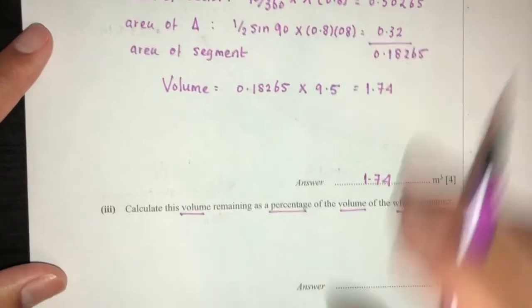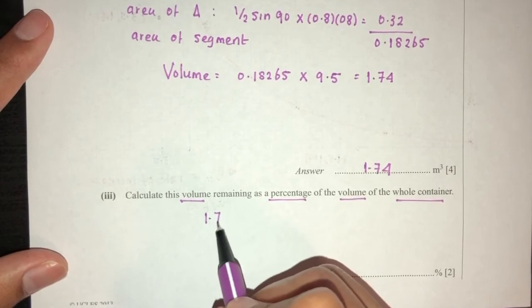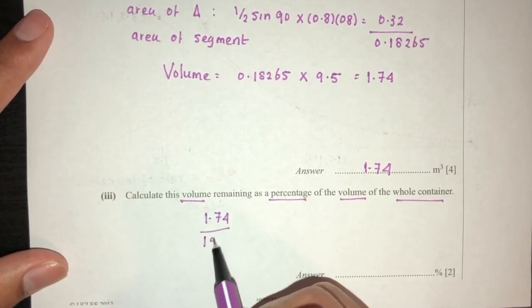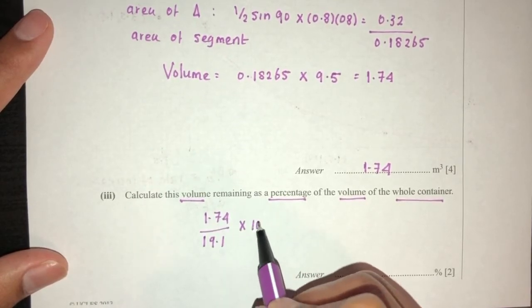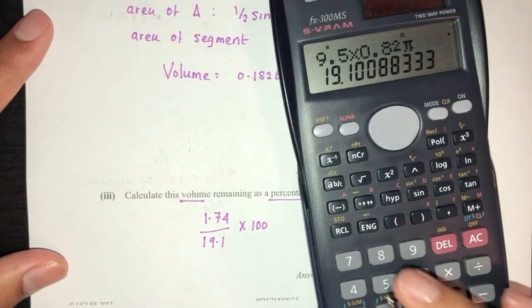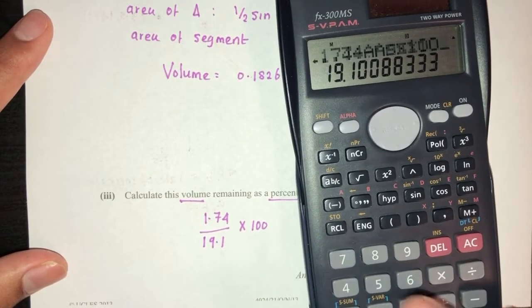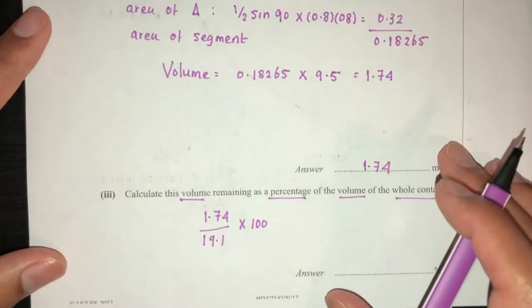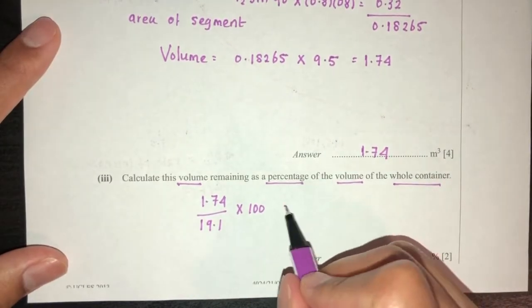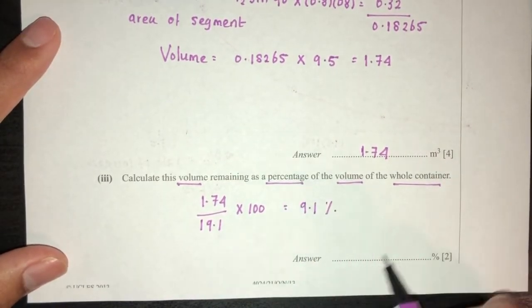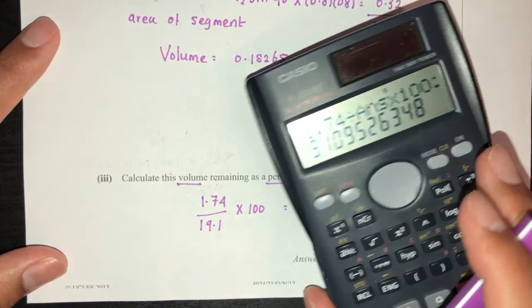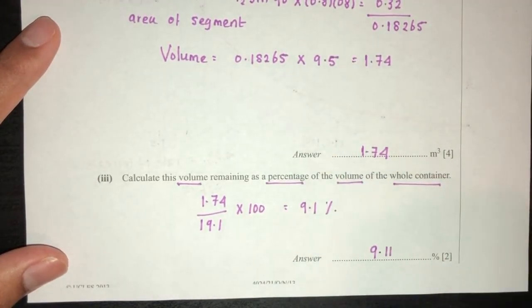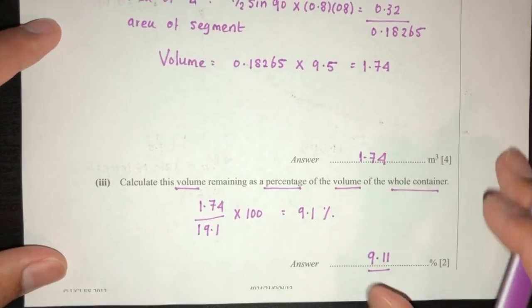Now for percentage, that will be 1.74 divided by 19.1 times 100. So we have 9.11%, correct to 3 SF. That is your answer for part 3.